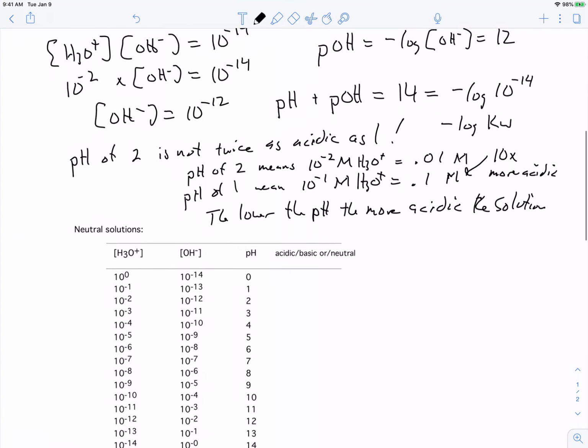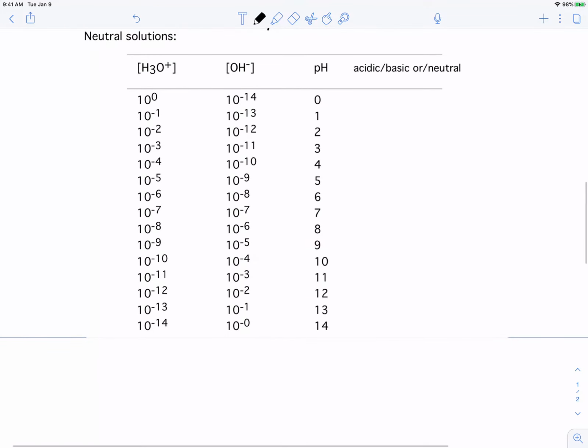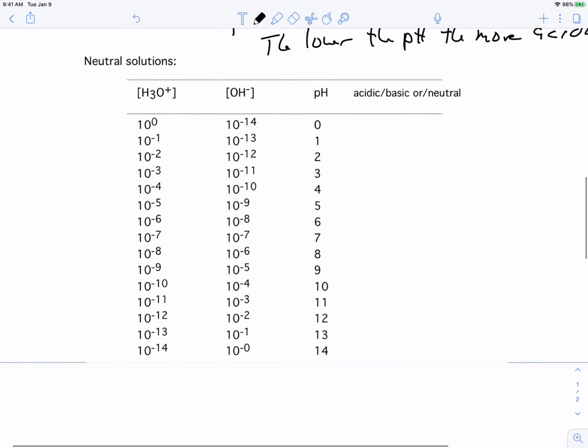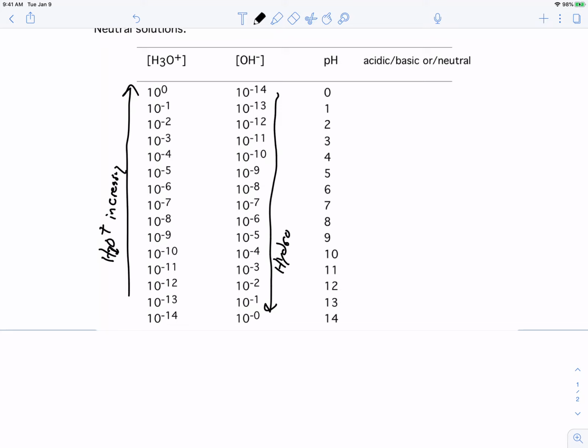So I just want to show you the pH scale. You'll notice here that as we go up, the hydronium is increasing. And going down, we can see that the hydroxide is increasing.